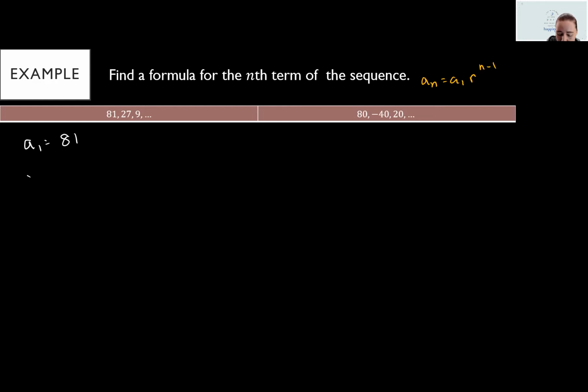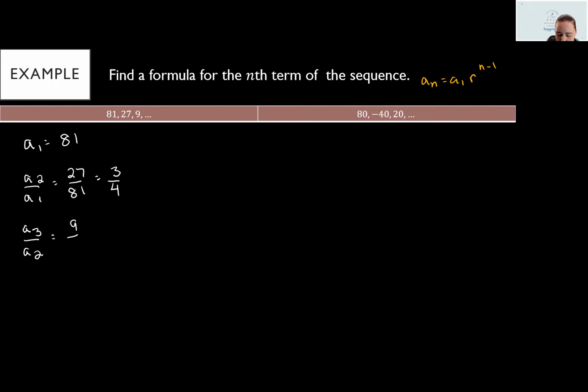So we first do A2 divided by A1 to verify. That would be 27 over 81, which by 9 is 3/4. And then we should verify that A3 divided by A2 also gives us 3/4.